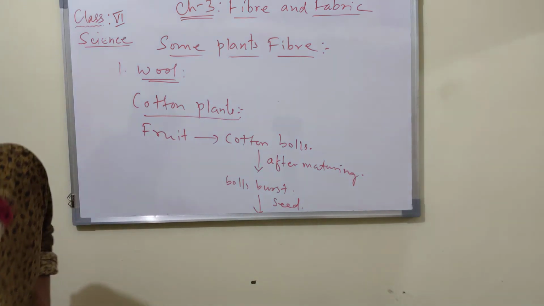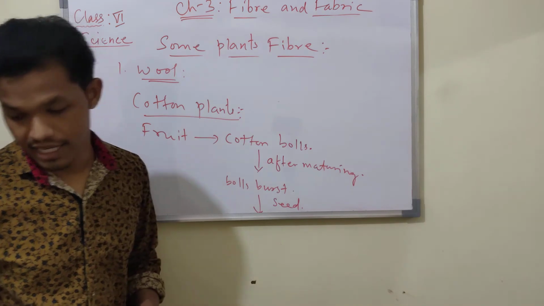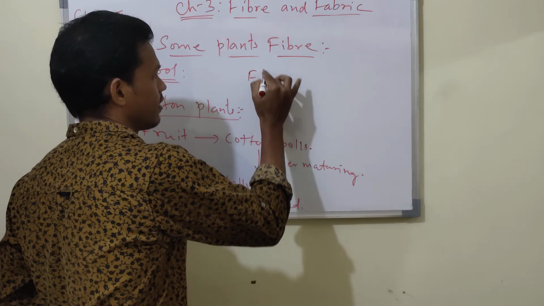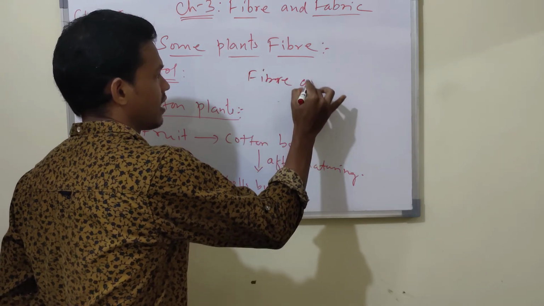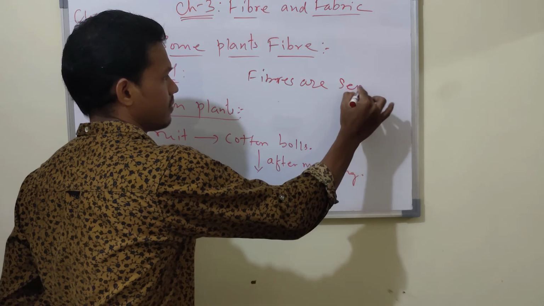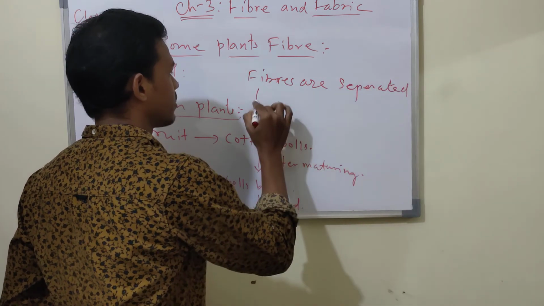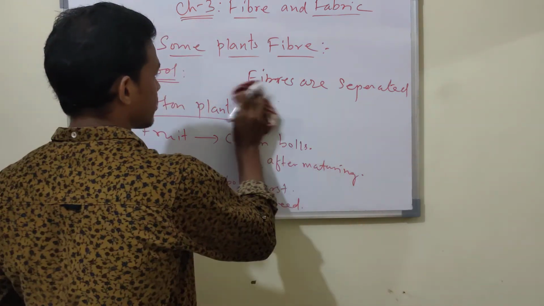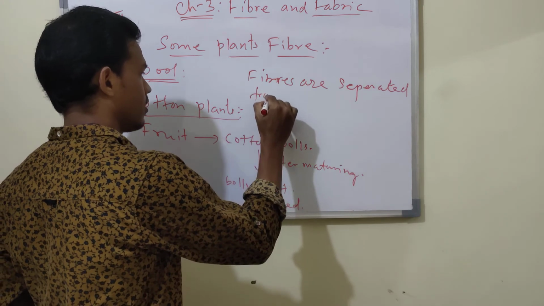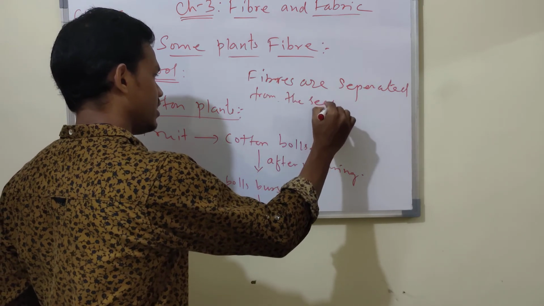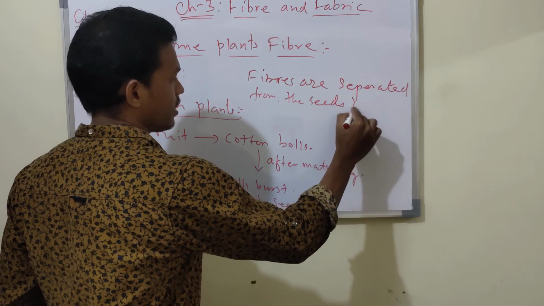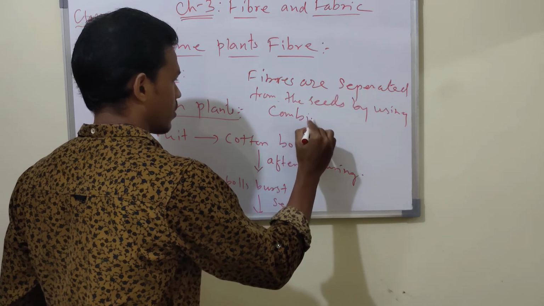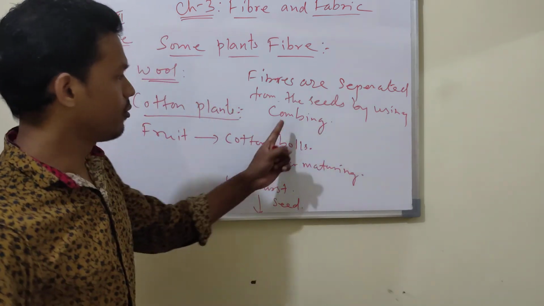Now from the balls, cotton is usually picked by hand and the fibers are separated from the seeds with the help of combing.